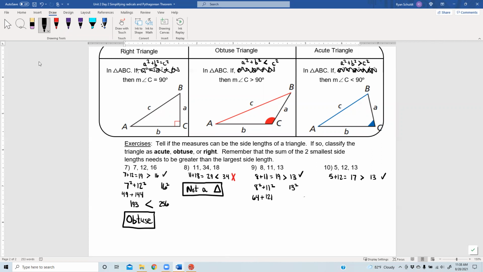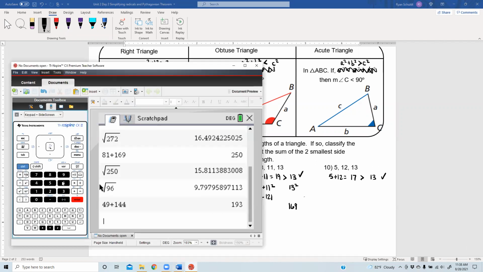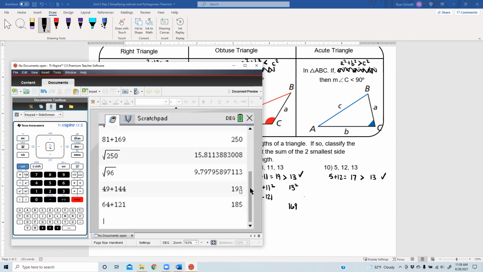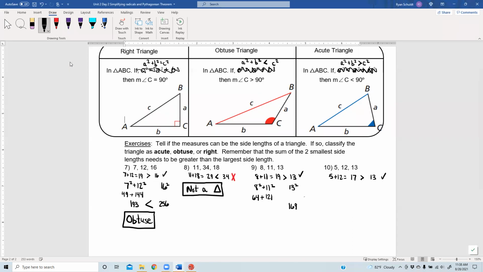So I'm going to just write it down here. 64 plus 121 is 185. Which one's bigger, 185 or 169? The 185 is bigger. That means this one is acute.